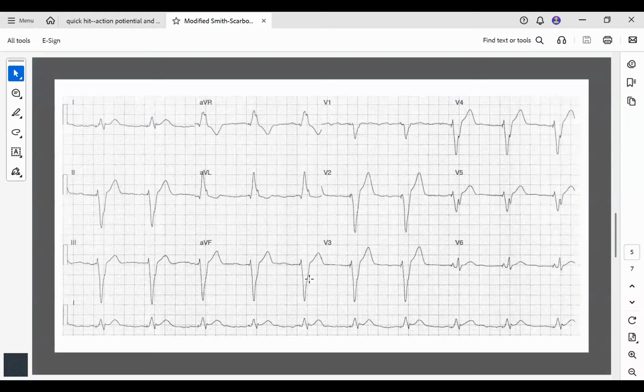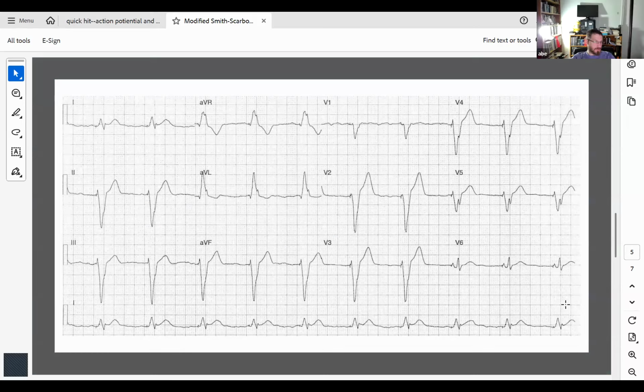What do you guys think about this one? So let's take the first point: concordant ST elevation greater than 1 millimeter in one lead. Lead one. Yeah, just in one lead.